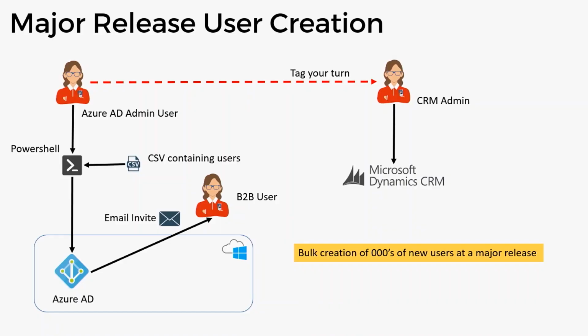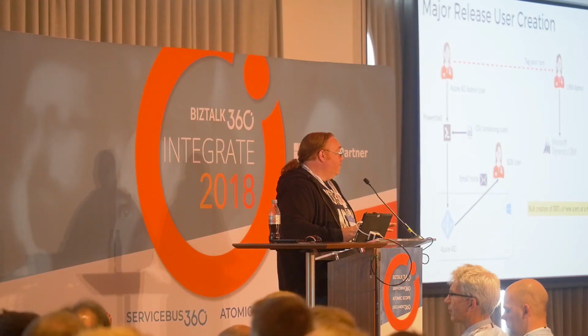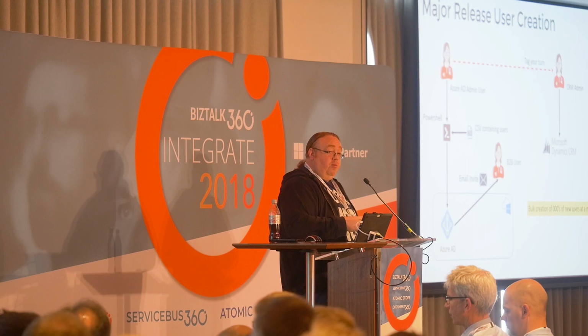What would normally happen is somebody who is the Azure AD admin can get a spreadsheet, use some PowerShell, and load a whole bunch of users into that global Azure AD tenant. What that does is use a special feature called invite user. So you're inviting a user from another tenant, which pings out a whole bunch of emails to all the users saying, come and join us in this global solution.